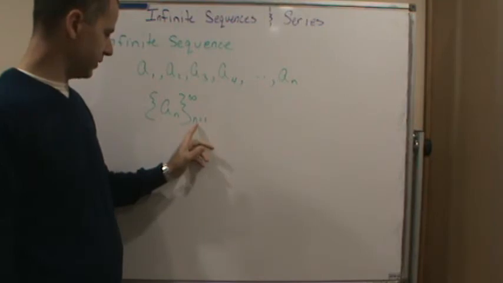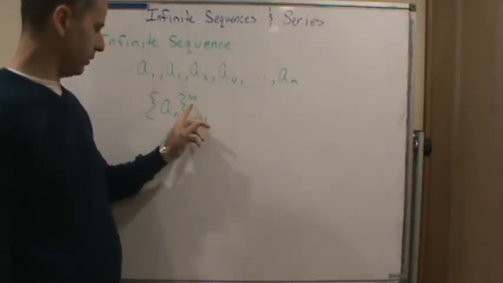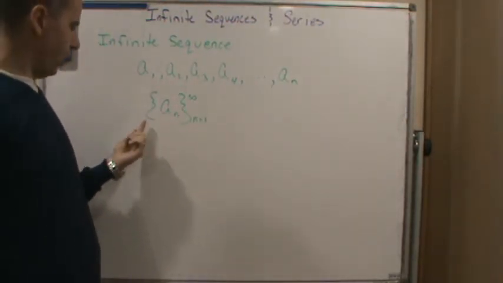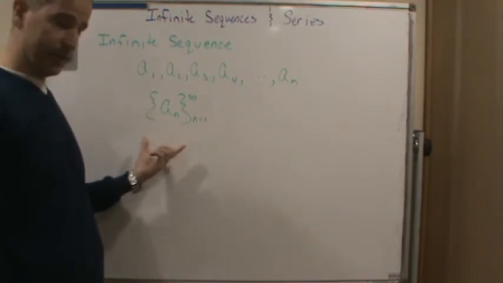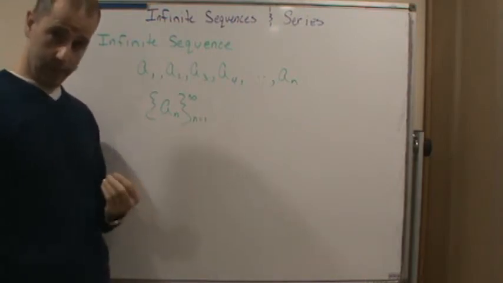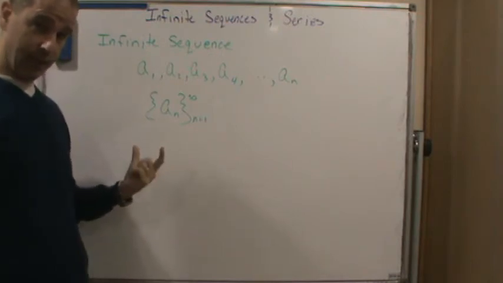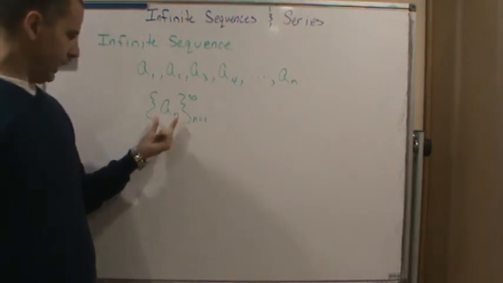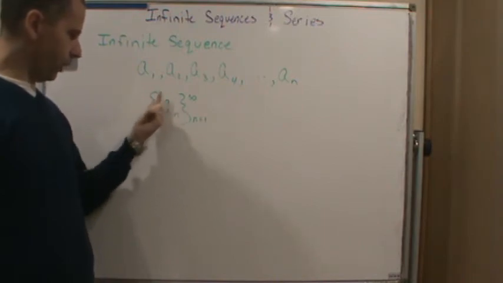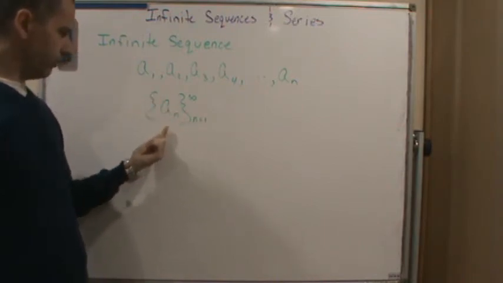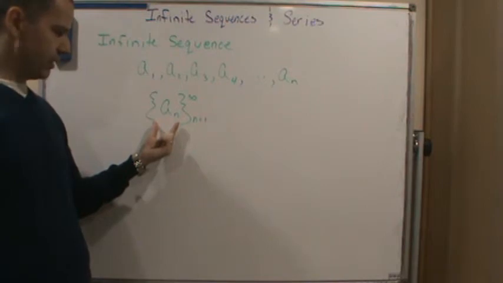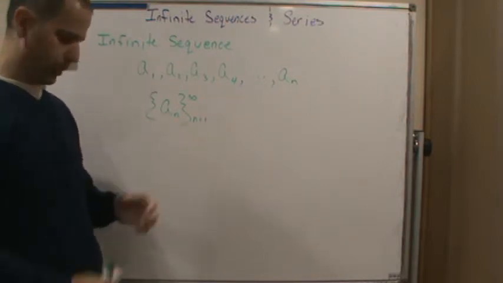As you can see, the index goes from n equals 1 to infinity. Also realize the set braces, so this is a set of numbers, but it's an ordered set of numbers. That's the difference. A sub n represents the form of the sequence. We'll get to that in a moment, but this is how we represent a sequence.